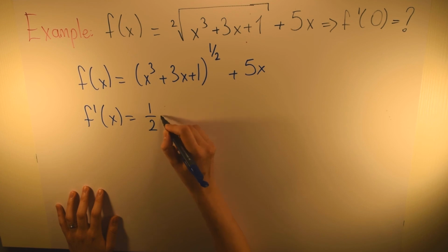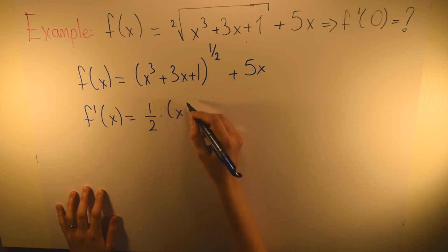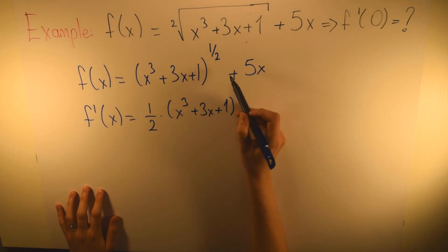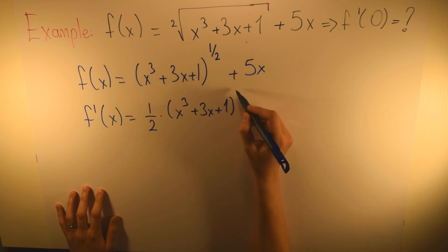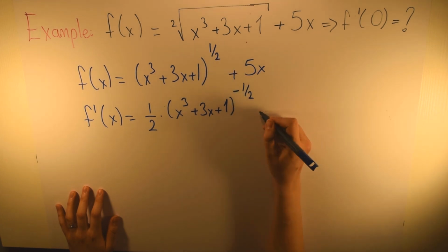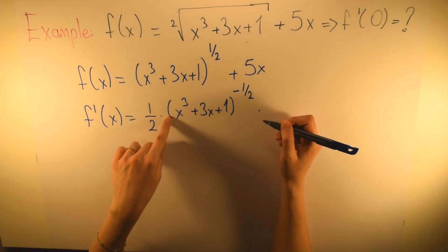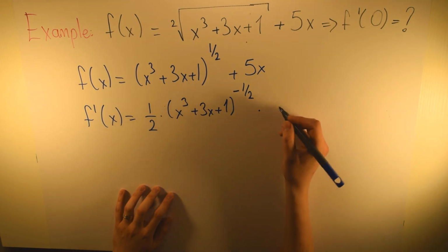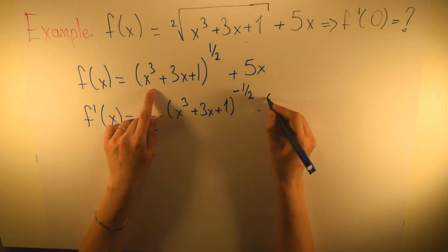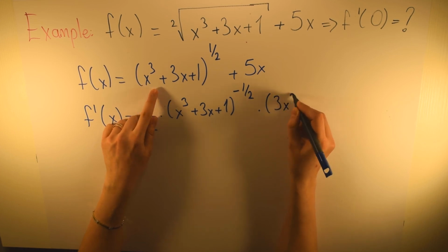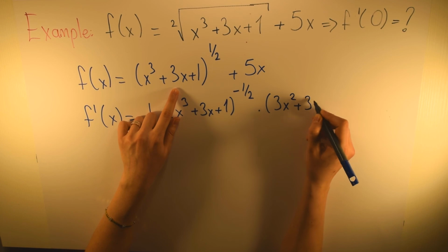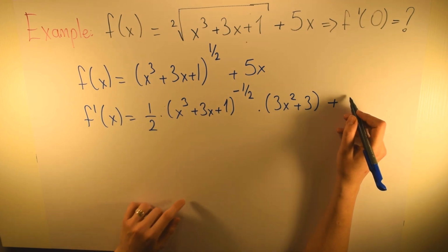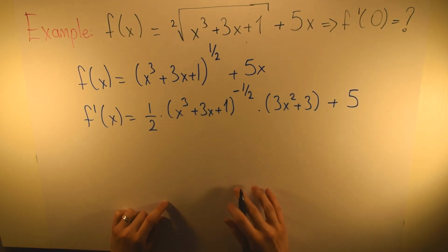It's 1 over 2 times, this will stay the same, x cubed plus 3x plus 1 to the power of 1 over 2 minus 1, which is minus 1 over 2, times, after that I take the derivative of the inside of the parenthesis, okay. Its derivative is 3x squared plus 3, right? Plus we have here 5x and its derivative is equal to 5, okay.